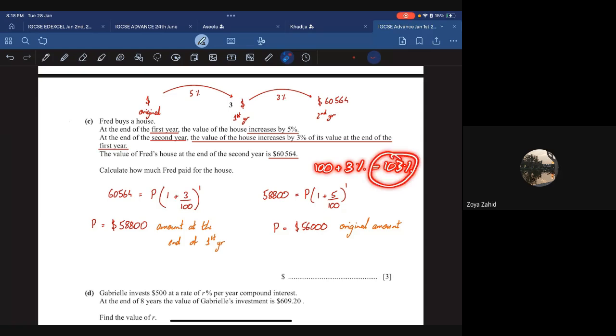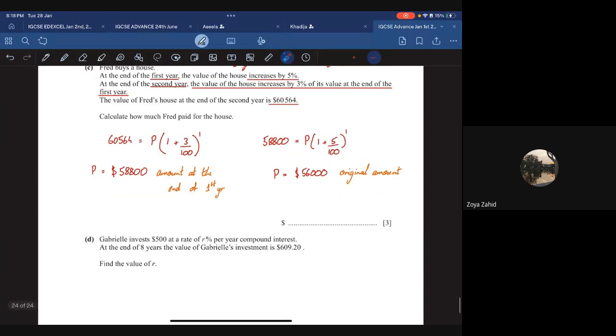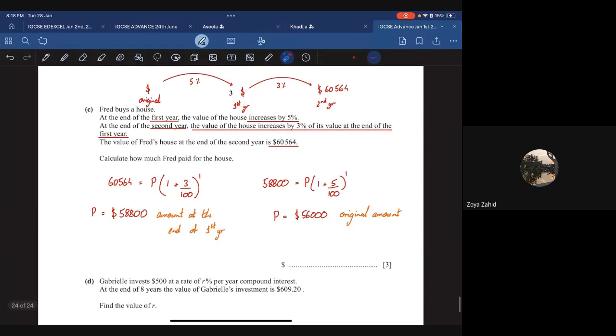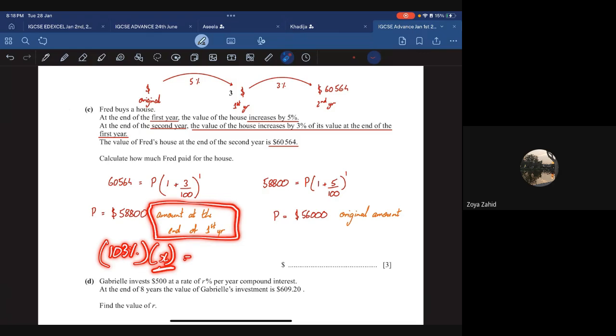And 103% of X is equal to 60564. You can calculate it this way as well: 103 times X, where X is the amount at the end of the first year, is equal to 60564.